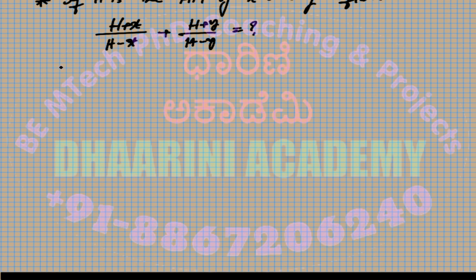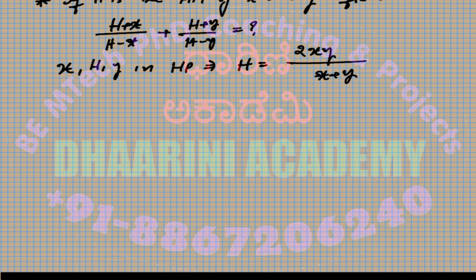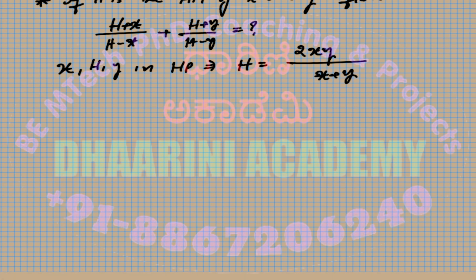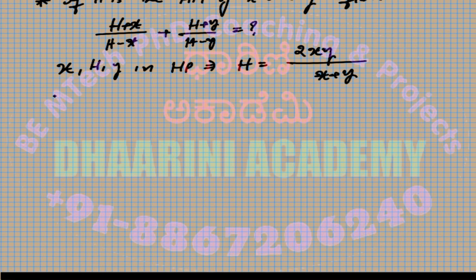Now X comma H comma Y in HP, this is given. So what's the equation for H? We know that H can be found as 2 times XY divided by X plus Y. Now, this implies I can calculate two terms.